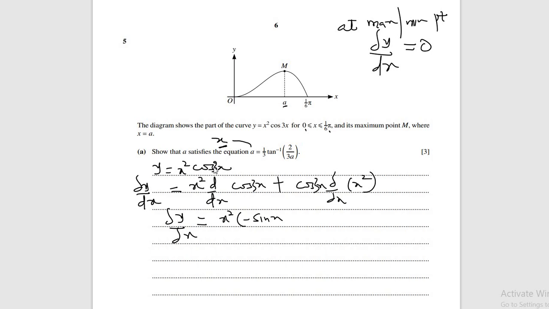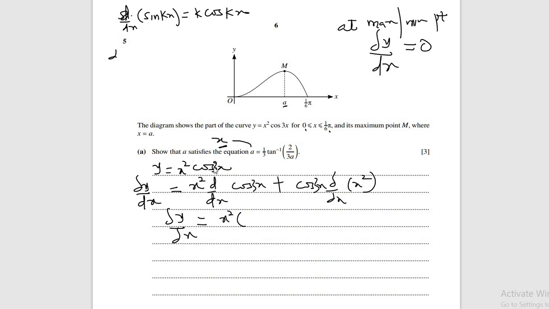When you differentiate cos 3x, it's different. Let me give you the guidelines for that. When you differentiate sin kx, it's going to give you k cos kx.